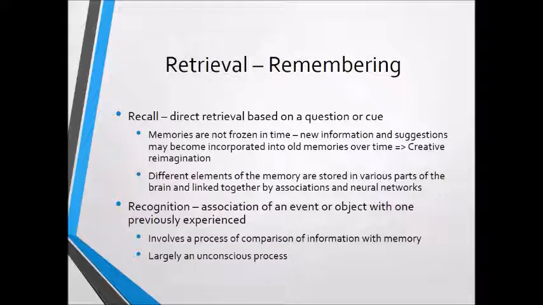The other thing to keep in mind is that different parts of memory are stored in different parts of the brain, and they're linked together by these associations and neural networks. But what that means is that some of those pathways may start to degrade sooner than others. So we may remember how we felt at a particular time, but we may not remember as many of the details anymore. Or we might remember just a particular smell associated with grandma's house, but I can't even picture her face right now.